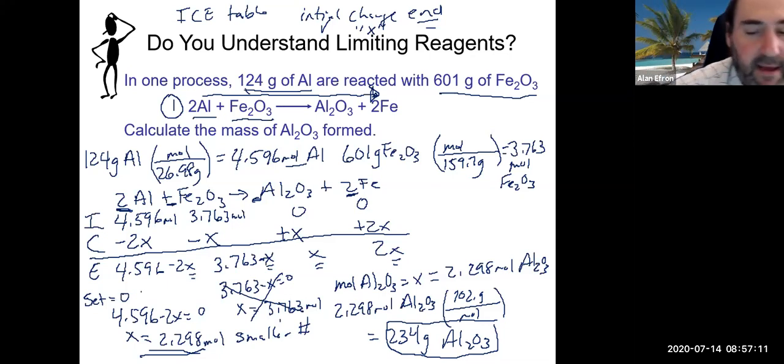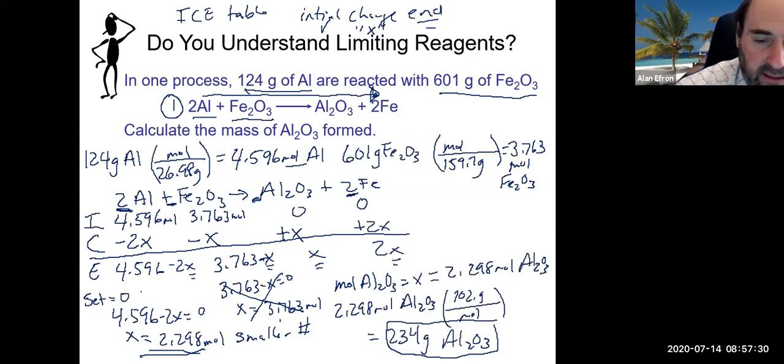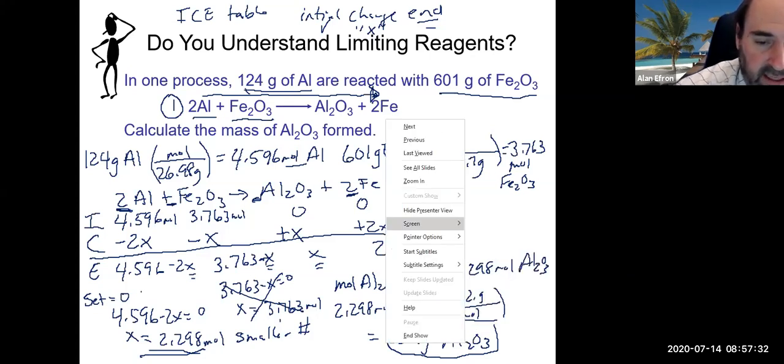Now, why this method is a pretty good method is, in addition to being able to find aluminum oxide really quick, if we also wanted to know how much iron we actually made, we could find that out very quickly as well by going to our ICE table.